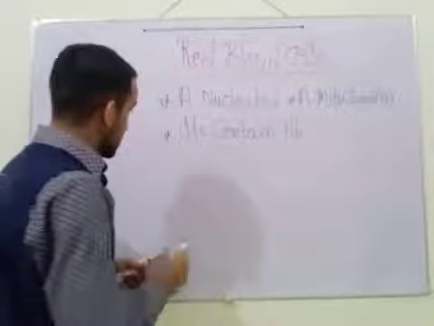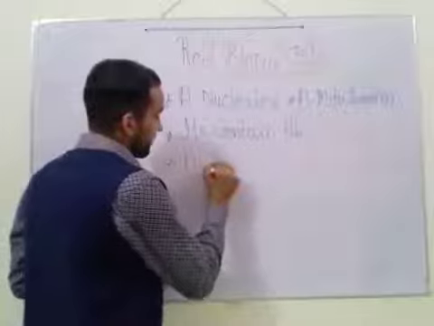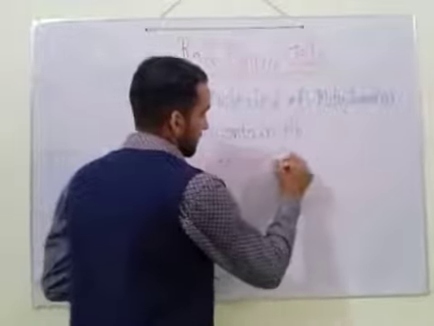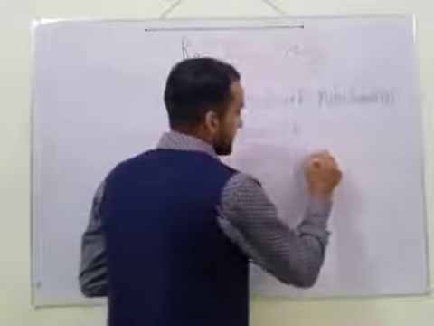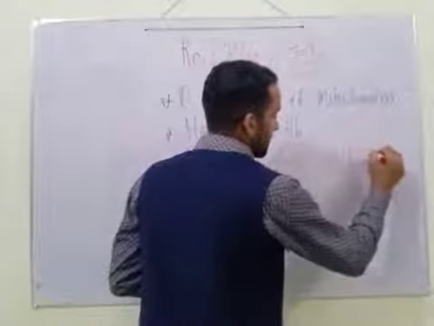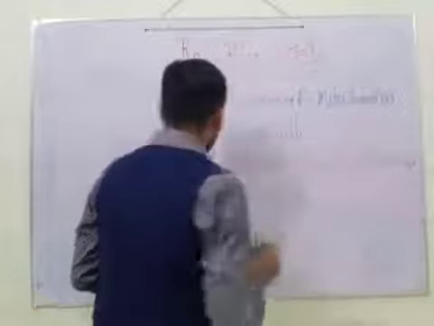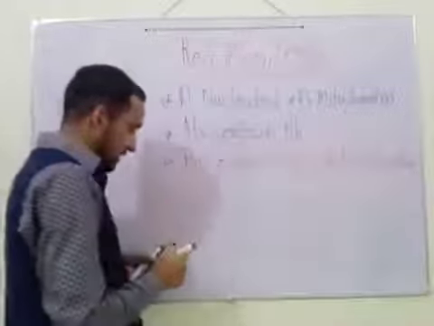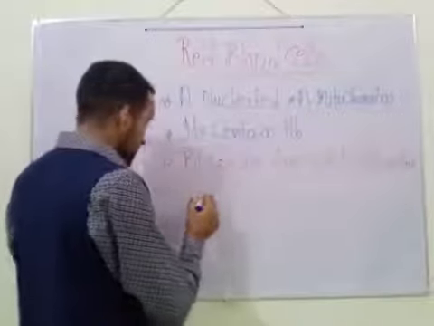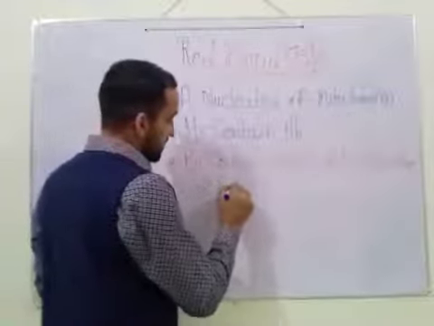And it has a biconcave shape and disc-like structure. Another point we have to remember about the red blood cell is the size. The average diameter of a red blood cell is 7.5 micrometers.